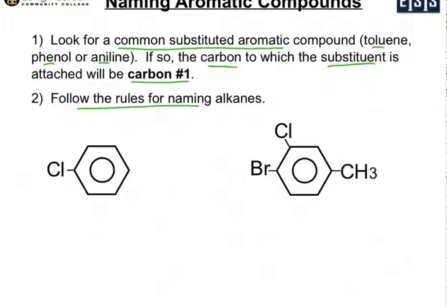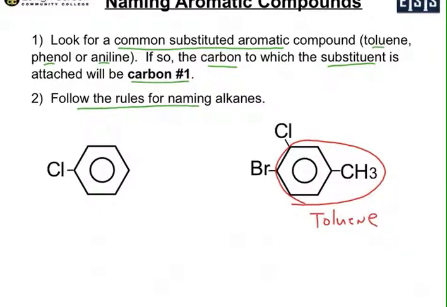Now over here on the right, we have another benzene type structure. However, you should recognize with this CH3, this methyl group, that this is that common substituted aromatic, toluene. So you should recognize toluene or aniline or phenol.